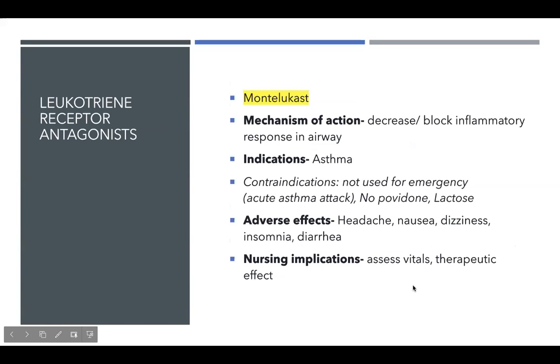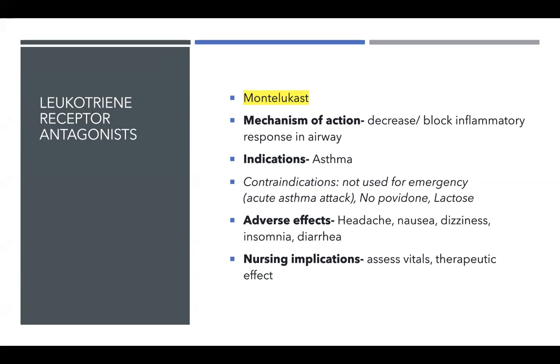So leukotriene receptor antagonists are going to be like montelukast, also known as Singulair. The mechanism of action here is decreasing or blocking that inflammatory response that can occur in the airway. It is indicated for those with asthma. Some contraindications are going to be someone having an asthma attack.